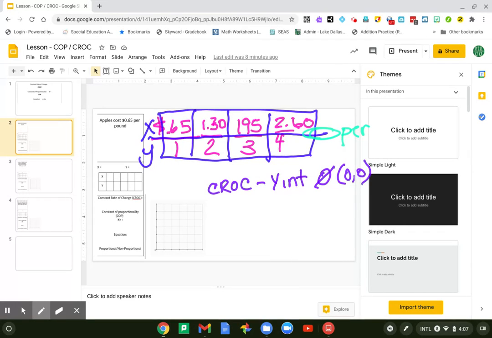How do I know that? Here's how you figure it out. The change in y, we're adding 1 each time. The change in x, we're adding 65 cents.